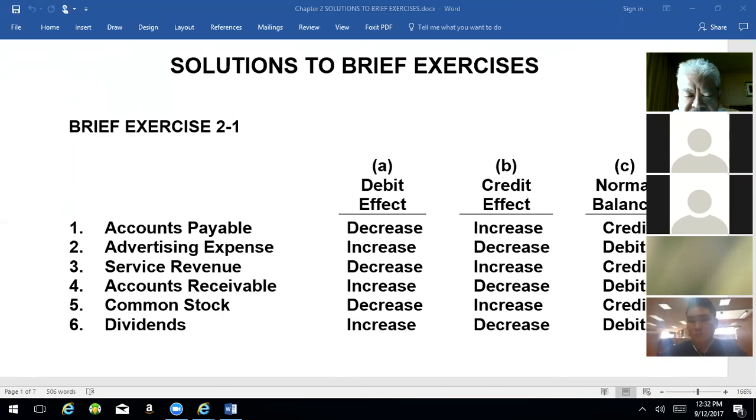So if you had something called rent expense and you have to pay it, how would you show that you're paying more rent? You just think about it from the perspective that, well, it's not on the list, I don't know what to do, because it's an example. But it's an expense, so you know that it's going to be increased with the debit.